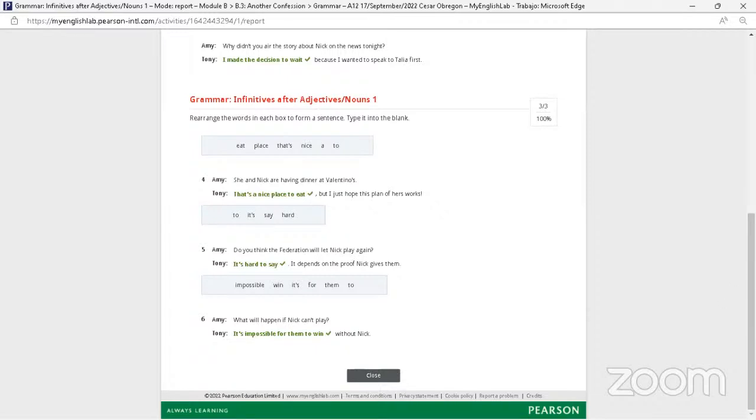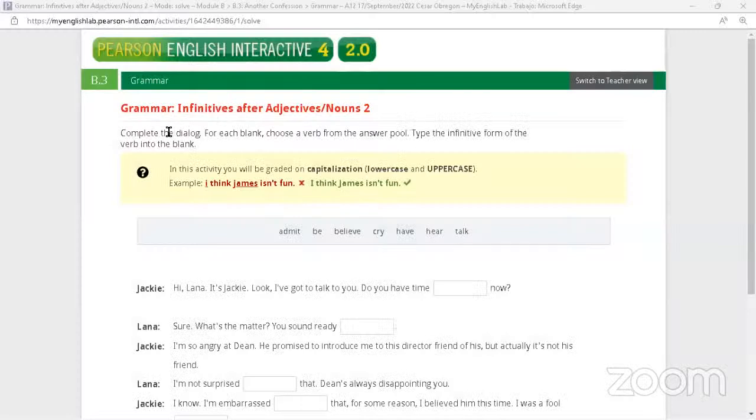Ready? Yeah, I'm ready. Okay. So complete the dialogue. For each blank, choose a verb from the answer pool. Type the infinitive form of the verb into the blank.